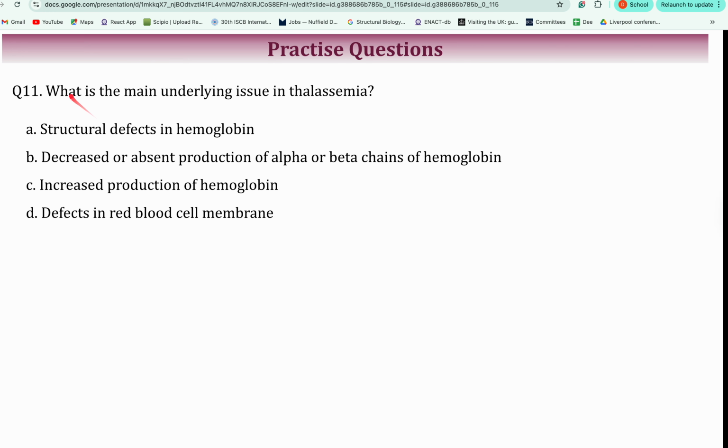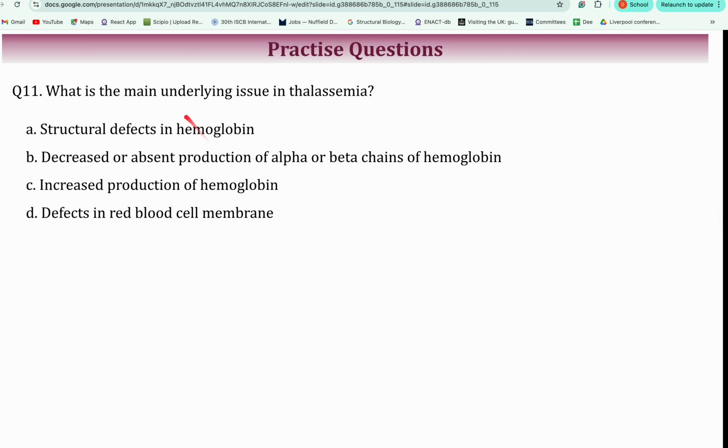So next question is, what is the main underlying issue in thalassemia? Option A, structural defects in hemoglobin. Option B, decreased or absent production of alpha or beta chains of hemoglobin. Option C, increased production of hemoglobin. Option D is defects in the red blood cell membrane.